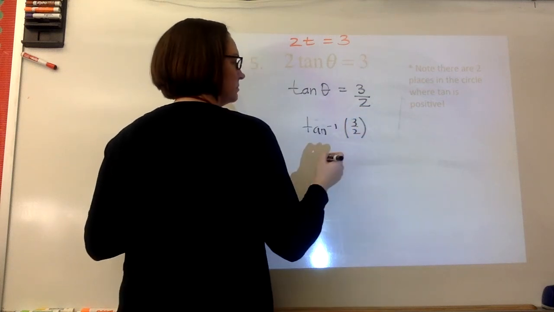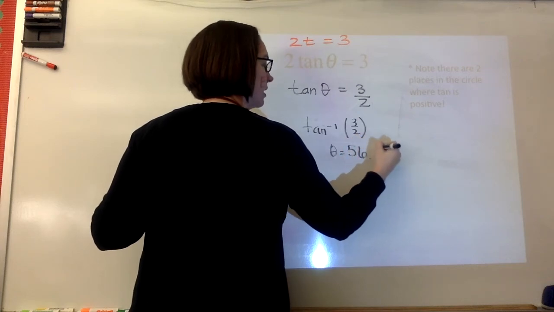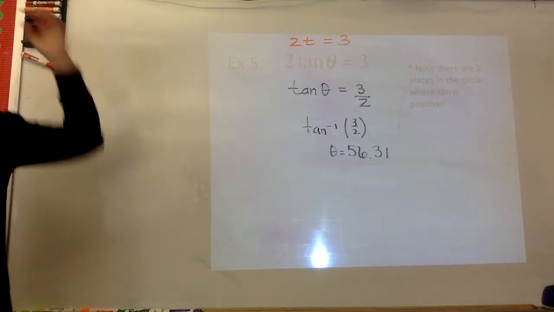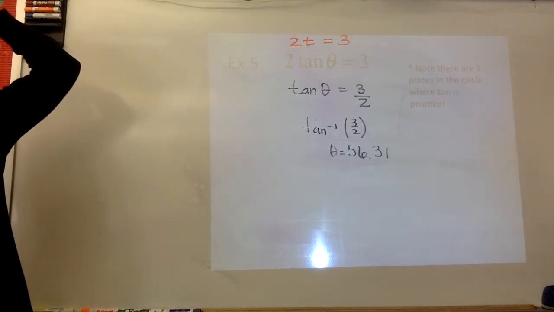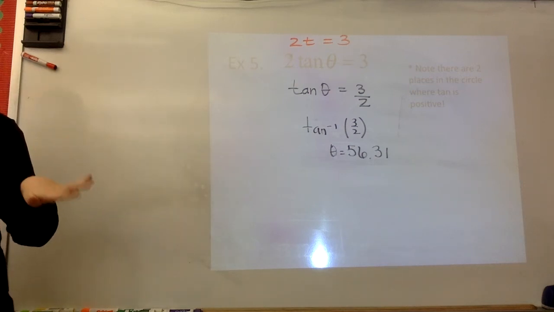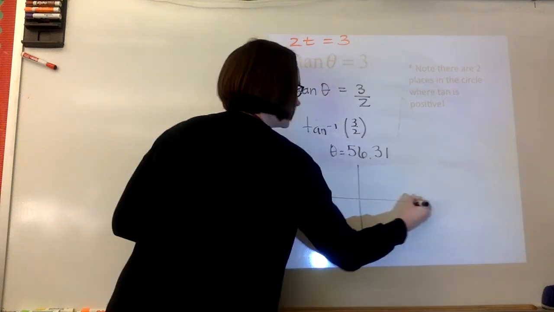What do I get for theta? 56.31. Everybody get that in the calculator. Please put it in. Tangent inverse of 3/2. Okay. This is where the calculator work is kind of done, and now we need to go into our brains. So tangent is 56.31.